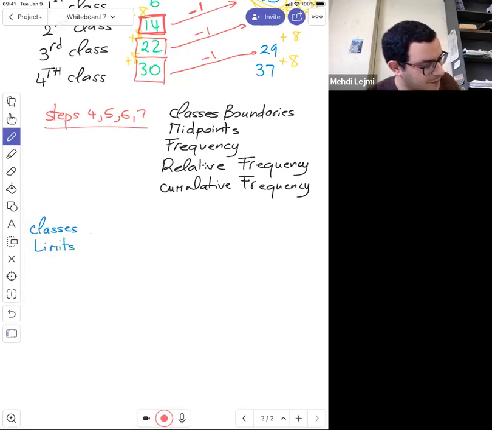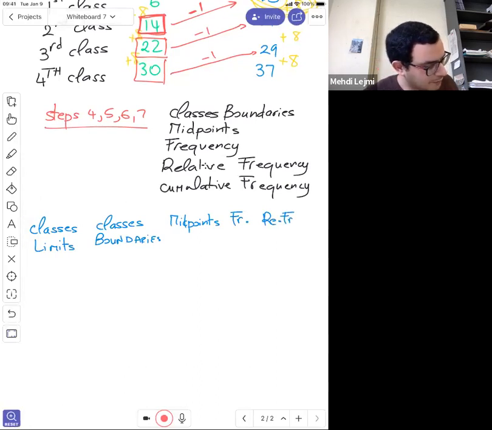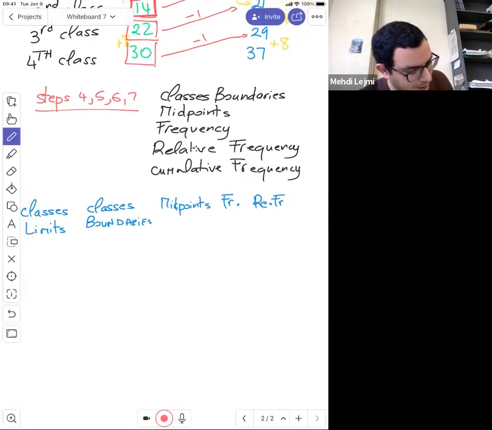So class limits, then we have the class boundaries, and then we have the midpoints. Then we have the frequency, and then we have relative frequency. I'm not sure if I'm gonna have enough space, but anyway, I'm gonna try. And then you have the cumulative frequency.